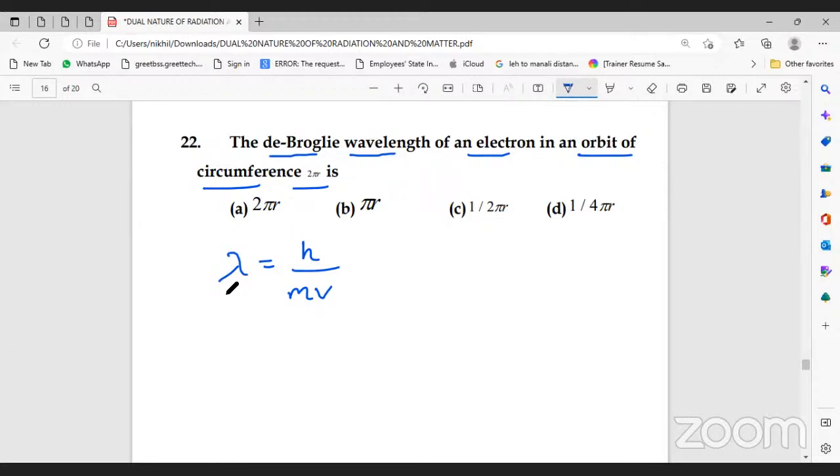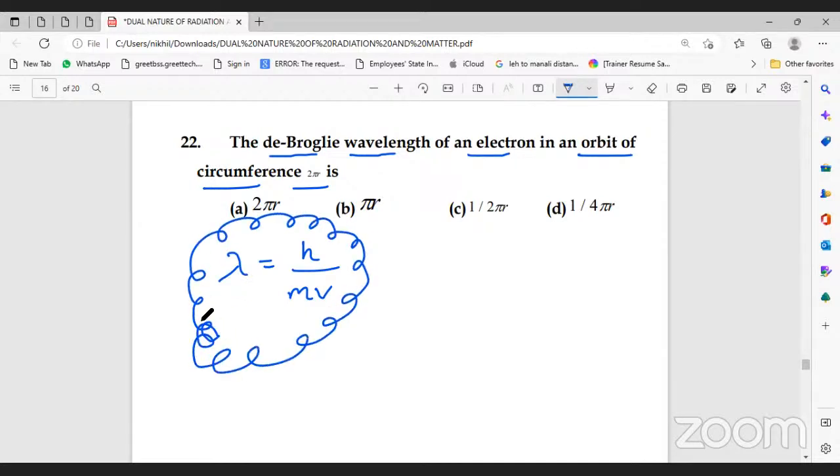Actually, we have studied the formula for de Broglie wavelength as lambda is equal to h by mv. Now, if I consider an orbit of radius r, what is the circumference of this? 2 pi r.